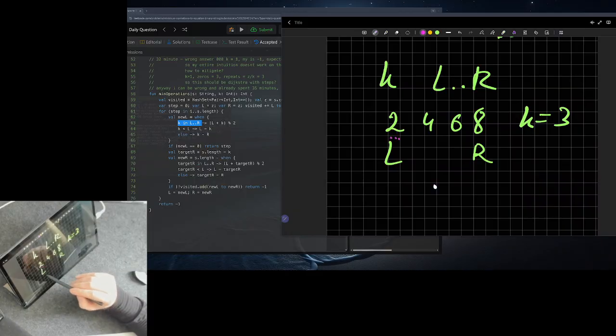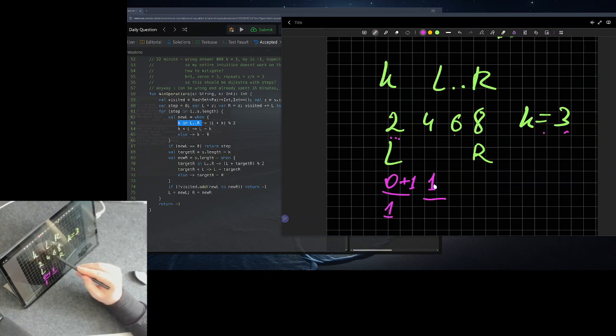The 2 is a state, 2 is the number of zeros. So if we have 2 and k is 3, we take all 2, they became 0, plus 1, and this is 1, right? If we have 4, we take all 3, convert to ones, and still we have 1.